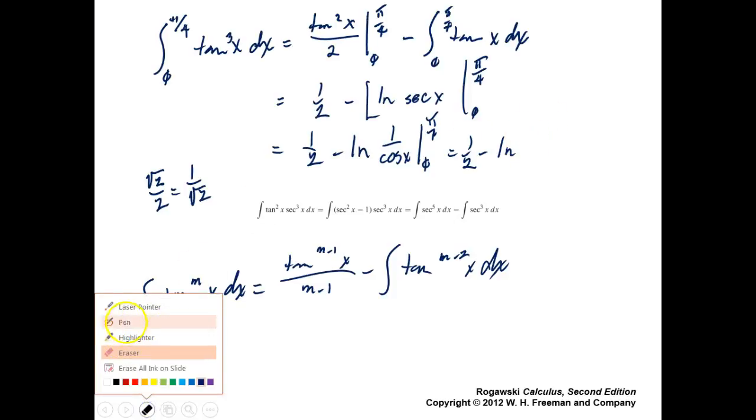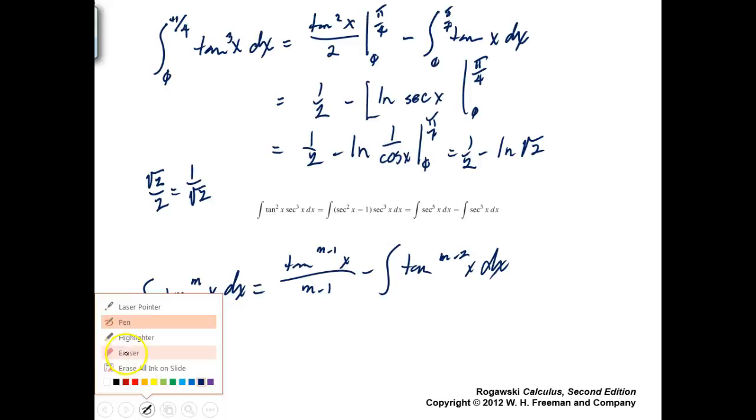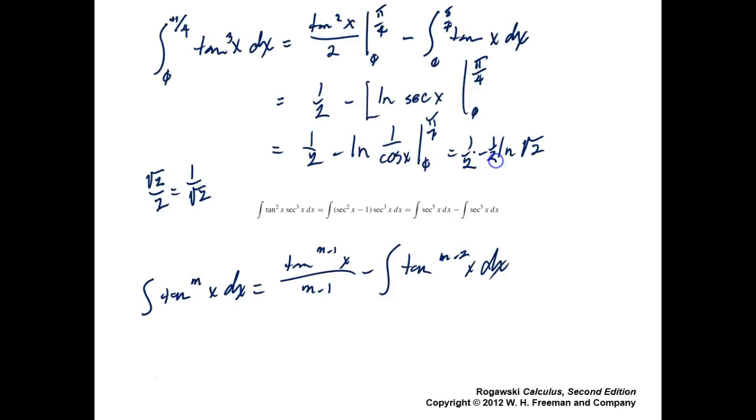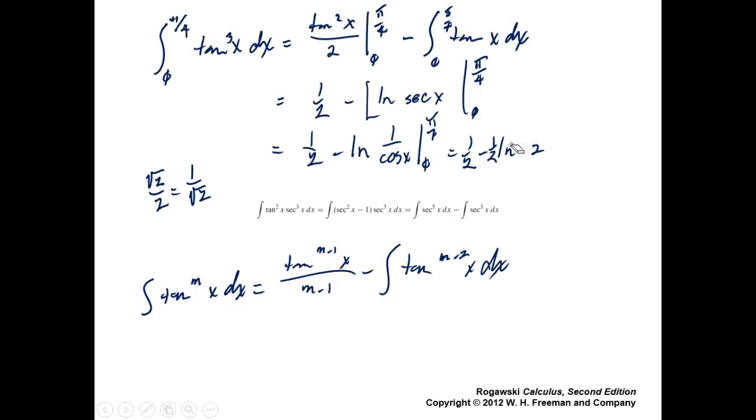Log of the square root of 2, which would be log of 2 to the 1/2, which may be the easier way to write that, 1/2 log 2. Remember that same rule of logarithms we were talking about before? That looks nicer anyway. I don't like radicals. They're ugly.